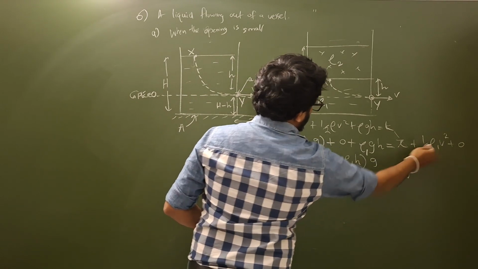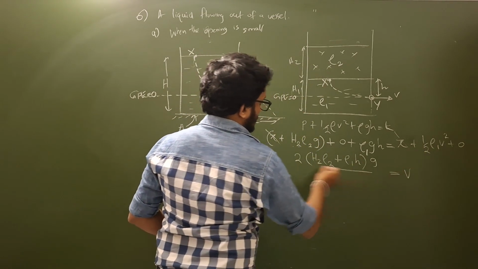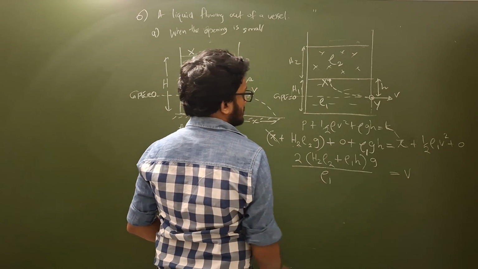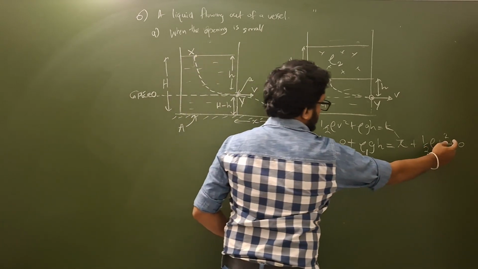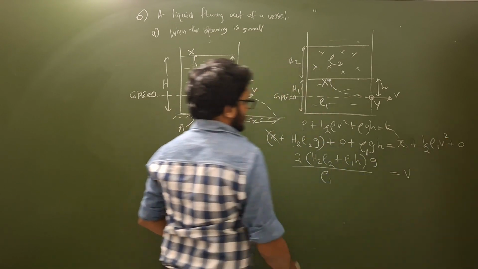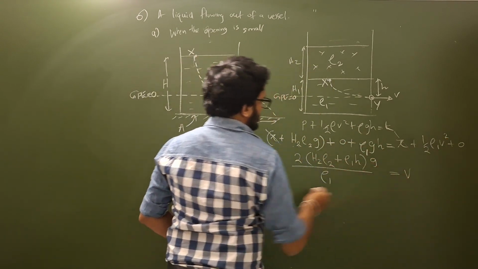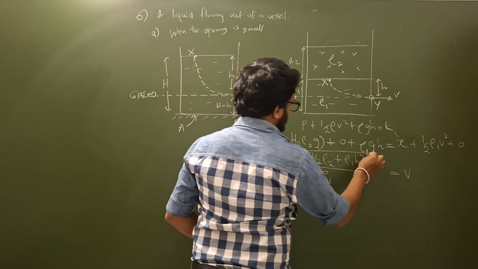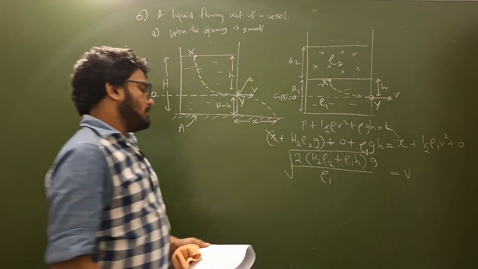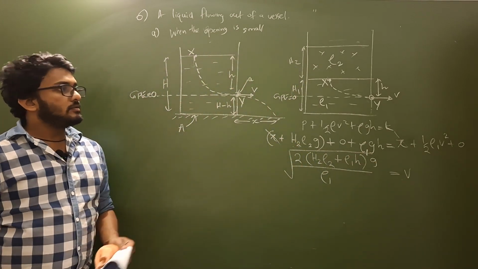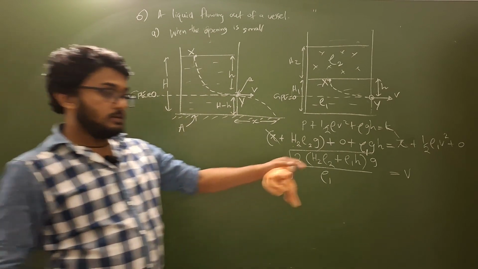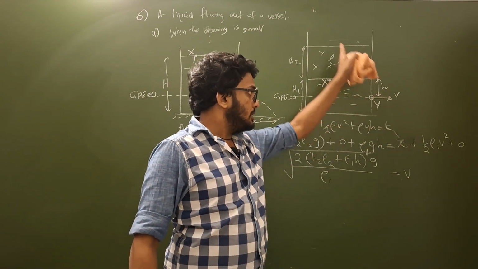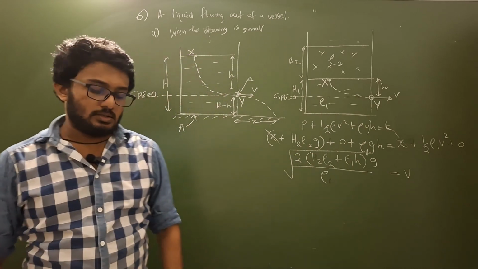Here I have rho 1, I have to take it to this side over rho 1. So what I have here is v squared. I need v, so I'll take the square root of this whole thing. So this is the velocity of the fluid flowing out in this case.